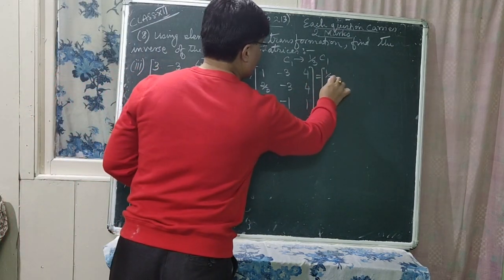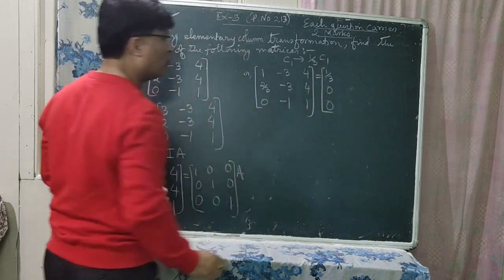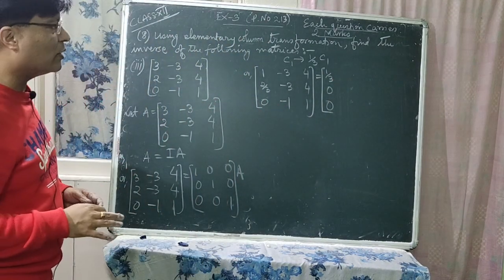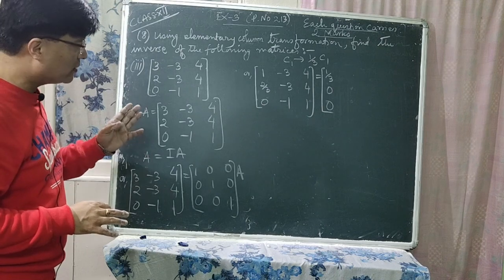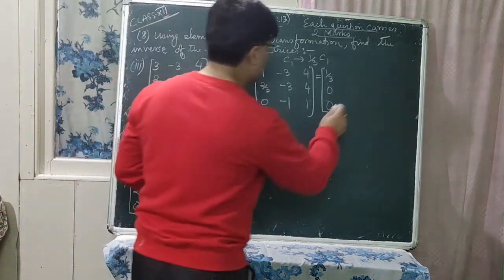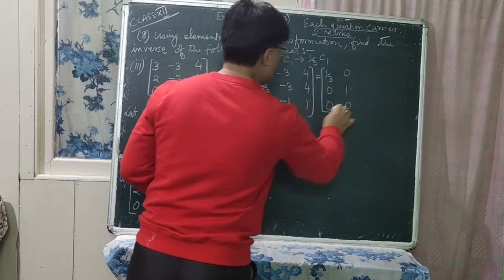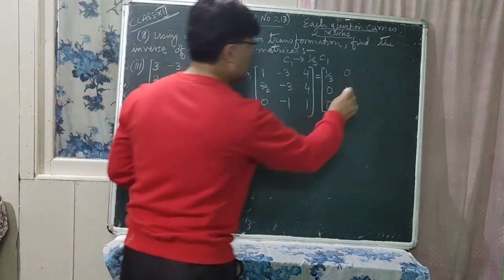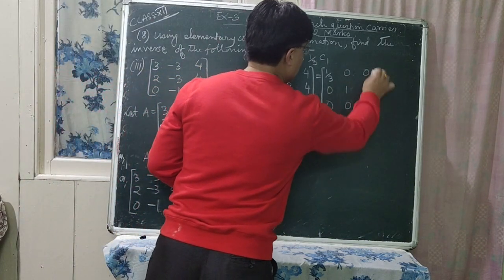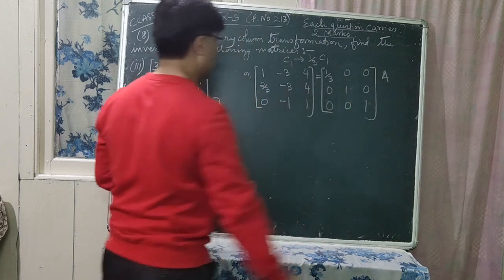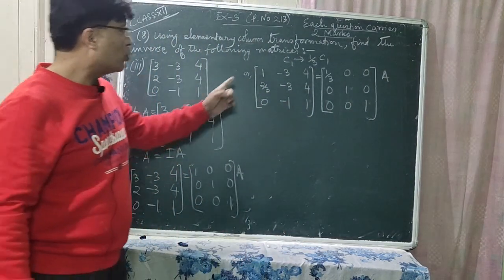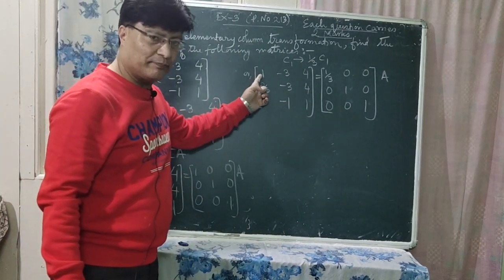It is 1/3 0 0. All the elements of the column 1 are multiplied by 1/3, that is 1/3 0 0. Second column is 0 1 0, and what is the third column? 0 0 1. Then you can write here A. Okay, so we have made this element 1.